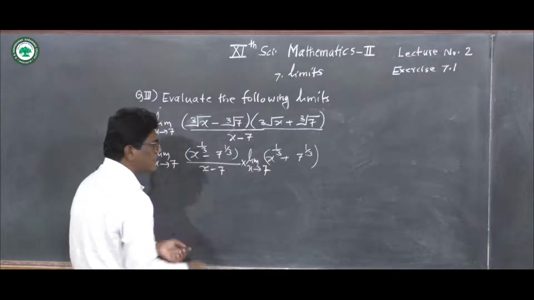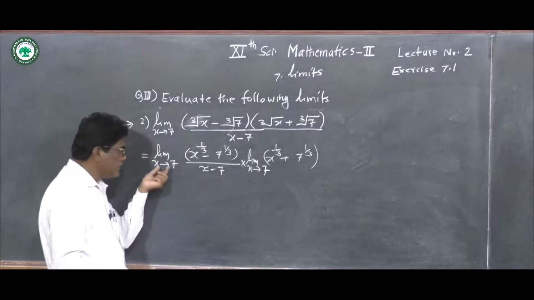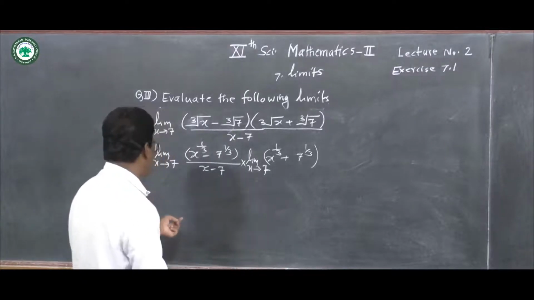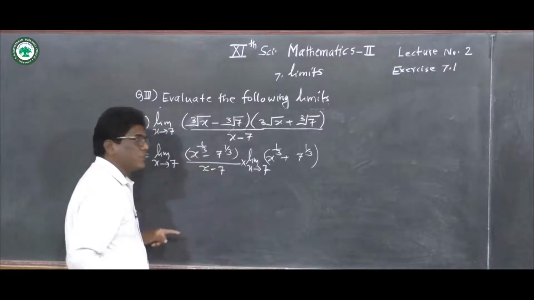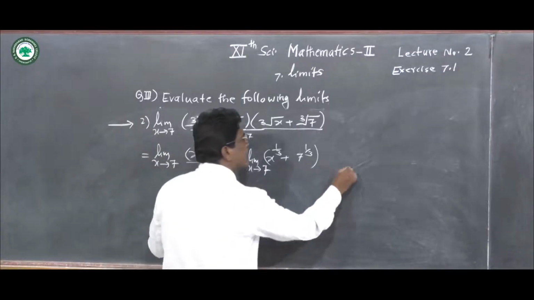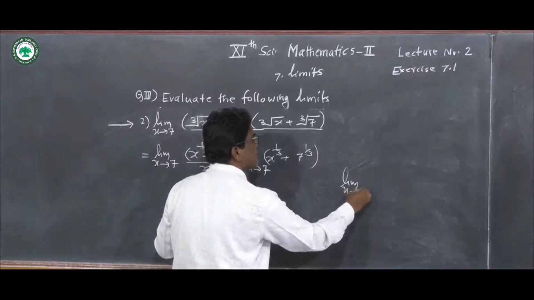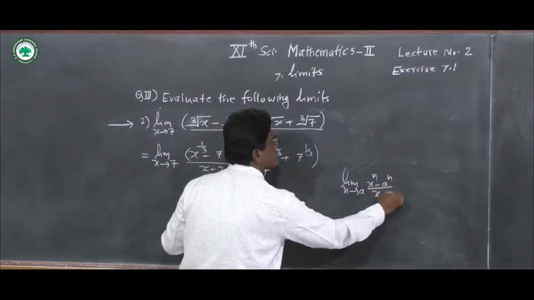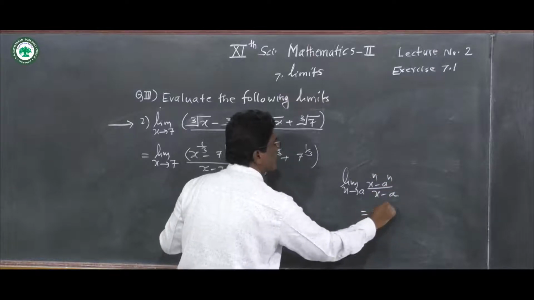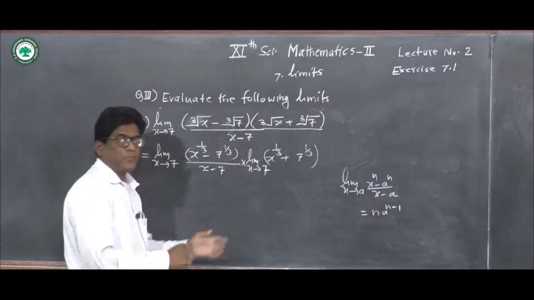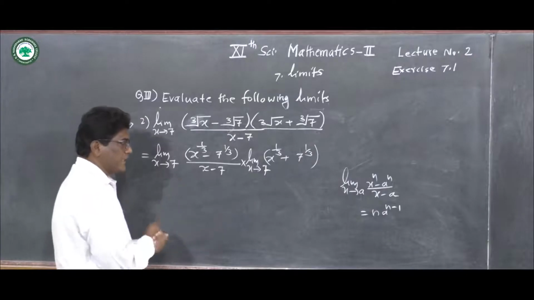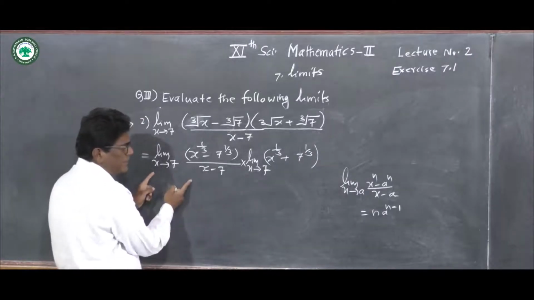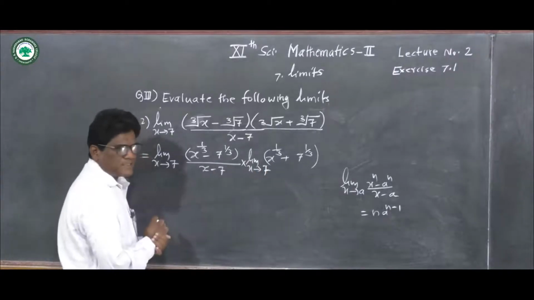In the first part, the denominator is 0 when we put x equal to 7, so we use the standard formula: the limit as x tends to a of x to the power n minus a to the power n upon x minus a is equal to n into a to the power n minus 1. A very important formula, we use it many times in this exercise.